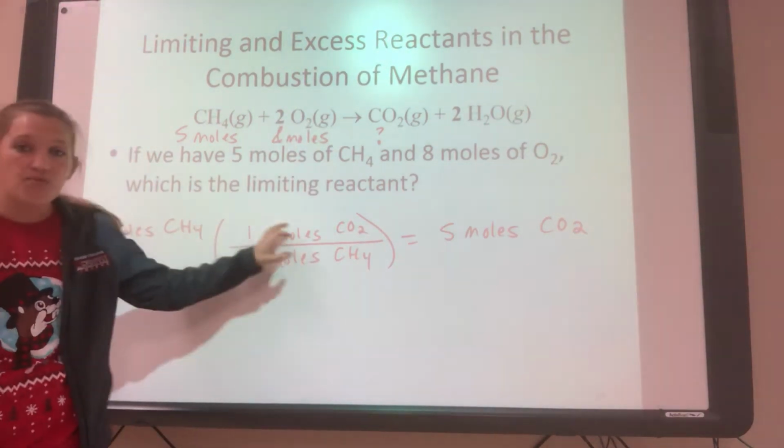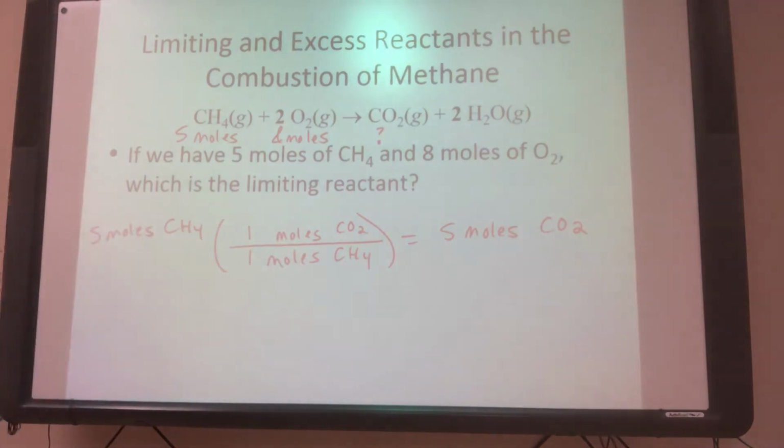So I have to do the same process for both reactants. So I have 8 moles of O2. I don't want O2, I want my product, my CO2. So since I'm already in moles, I can convert from moles of O2 to moles of CO2. Now, what is that relationship?